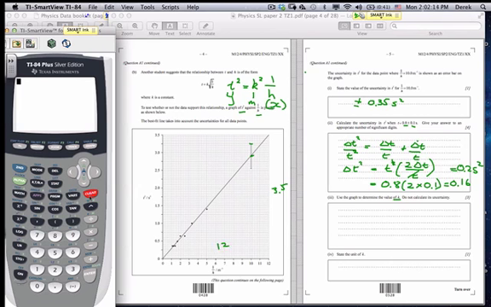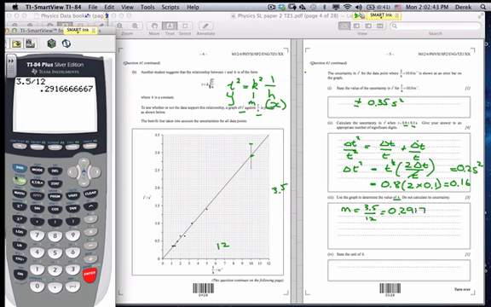So I'm going to do this on the calculator. It's going to be 3.5 divided by 12, and I get 0.2916. So my m is equal to 3.5 over 12, which is equal to 0.2917 for the moment.